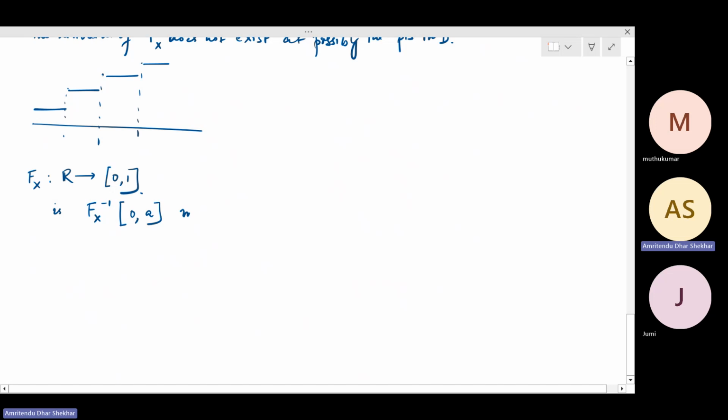Is this a measurable subset of R? Okay, and of course, yes, this is a measurable subset of R.